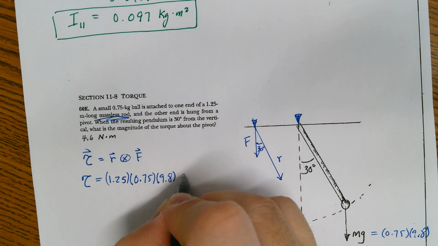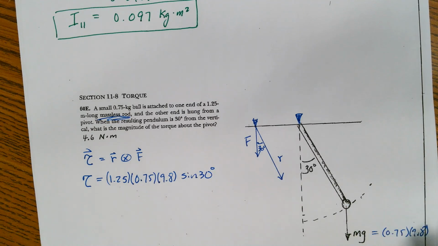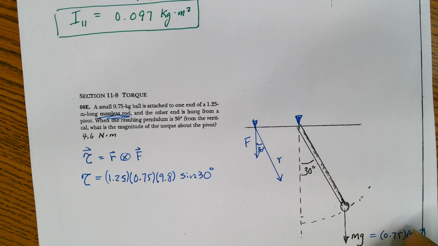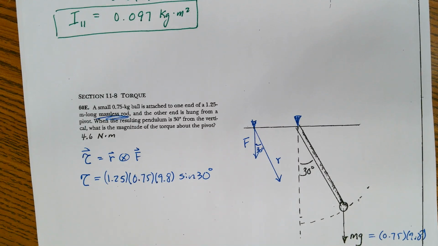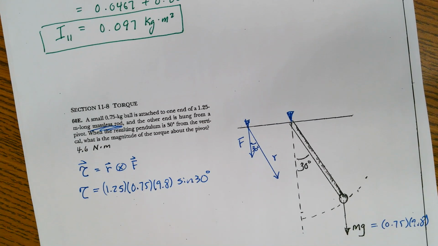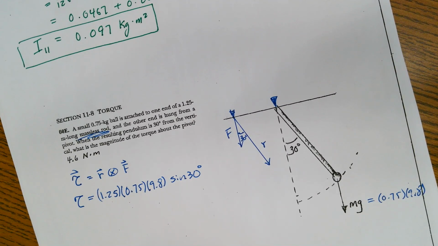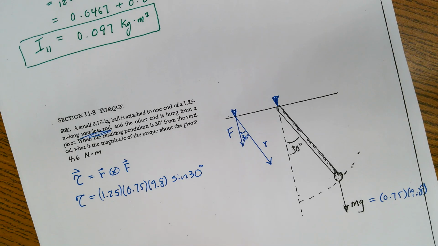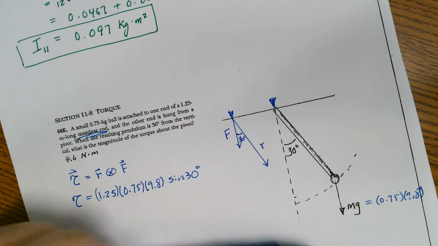Therefore, times sine of 30 degrees. Now comes the direction part. Which way is the direction of my torque? How do we find the direction of torque? We have to use the right-hand rule.